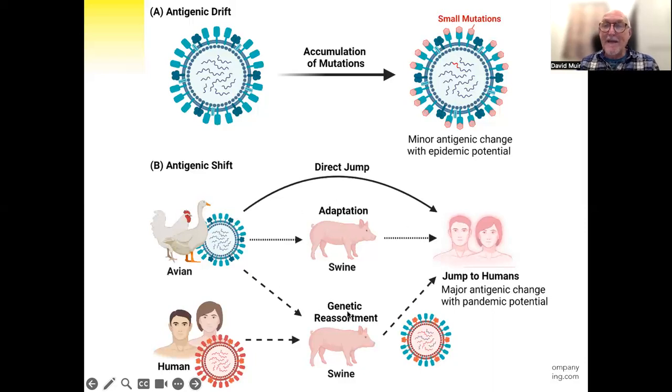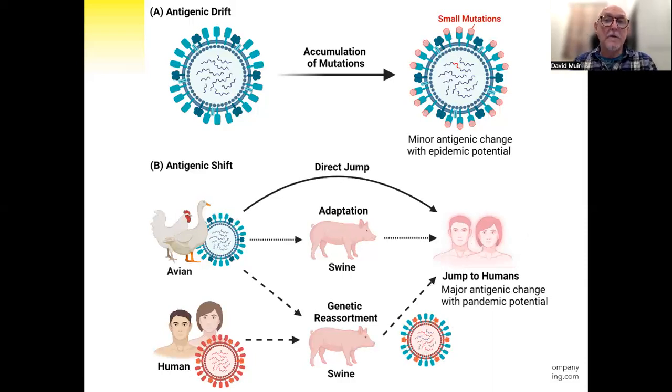These are all very dangerous situations, because it means that entering into the human population is a virus, however it's been arrived at, which is completely different to anything else we've seen through antigenic drift. And this is the cause of major epidemics of influenza.